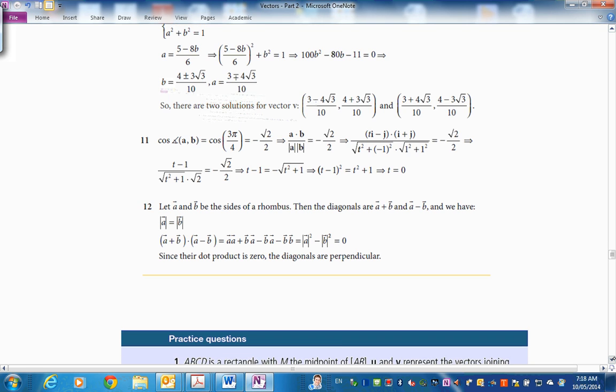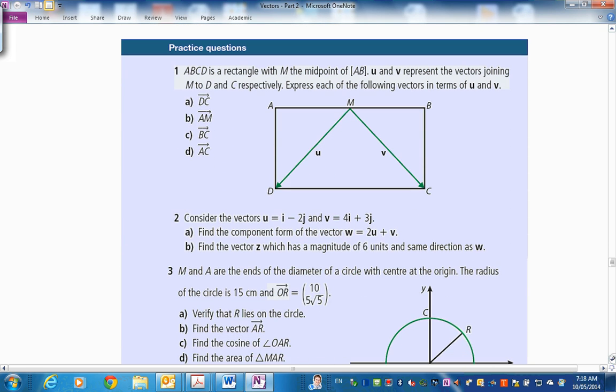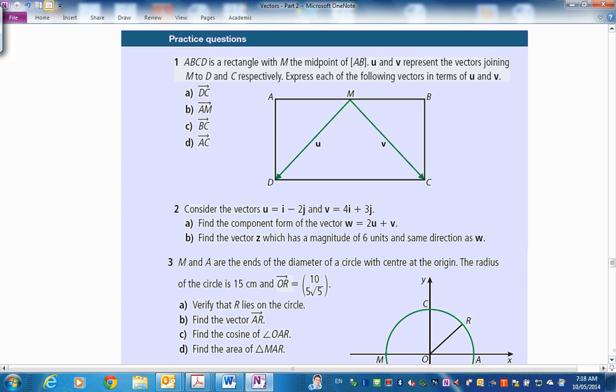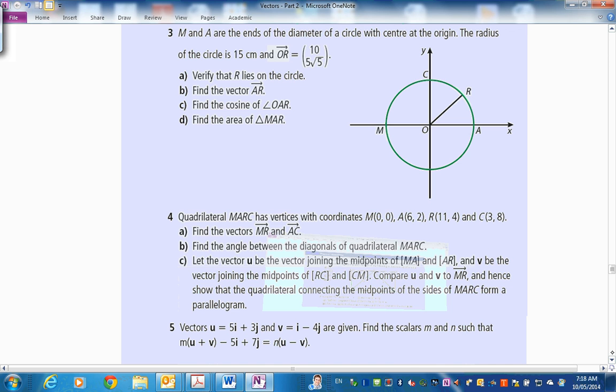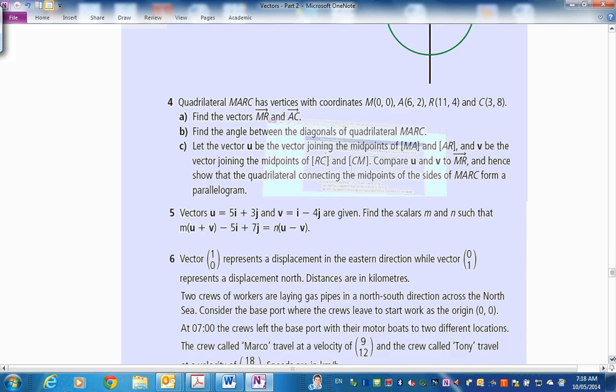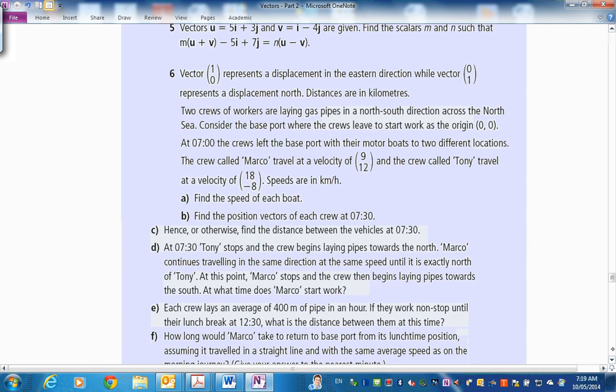Let's go down and have a look at some practice questions summarising from Pearson's their first section on vectors. Okay. Have a look at those. 3 and 4. I think about 9 of these. I'll just go up and get all of 5 and 6.